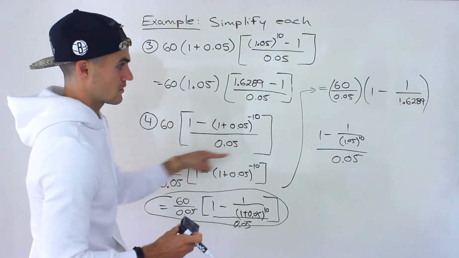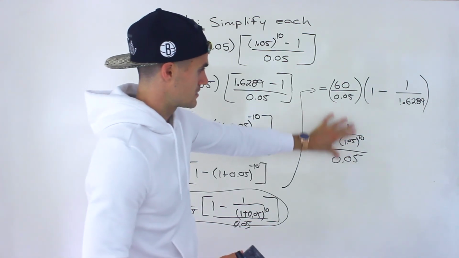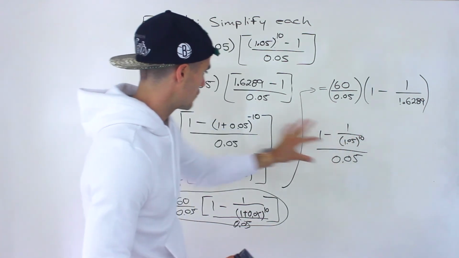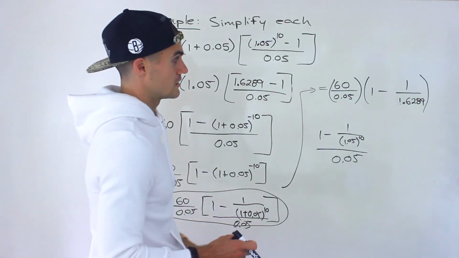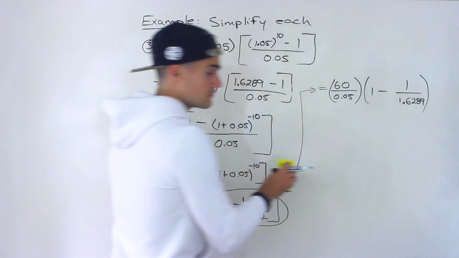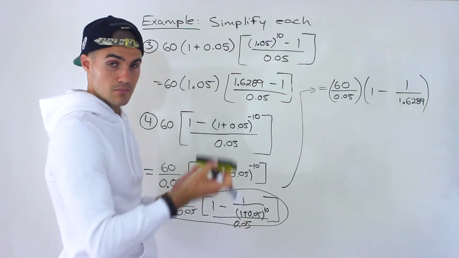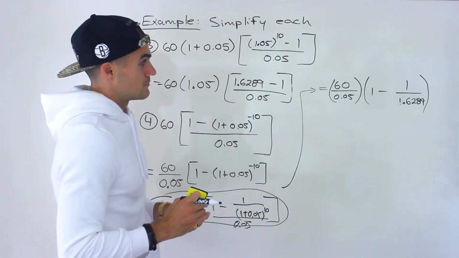So this bracket here, this is another format it can be in. But again, just not to combine these fractions, this 0.05, I factored it out, and then I put it over the 60. But whichever way you do it, you should get the exact same value that I get at the end. Just make sure whichever way you're doing that you are getting that same amount.